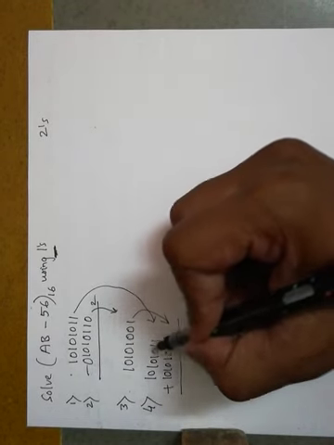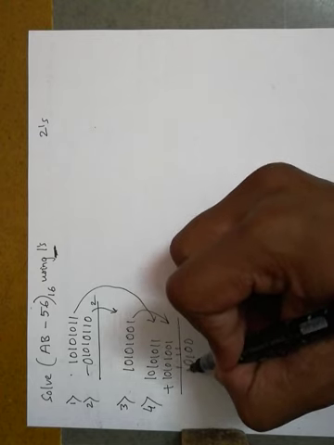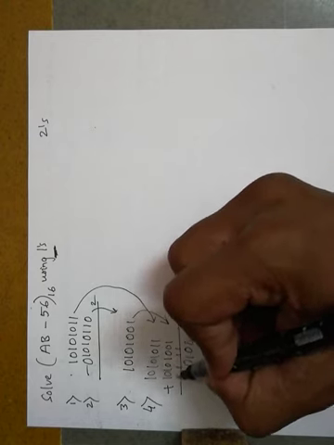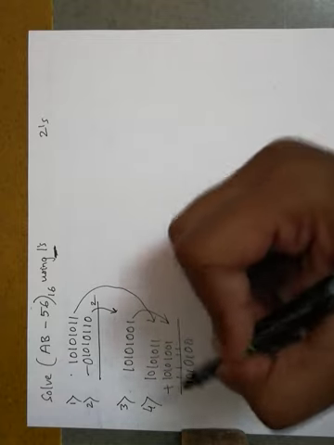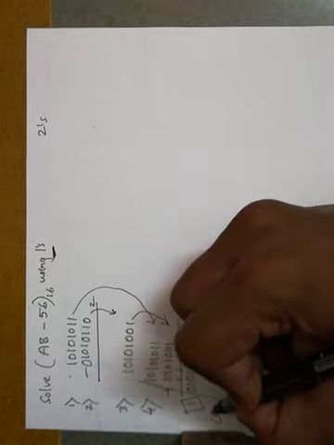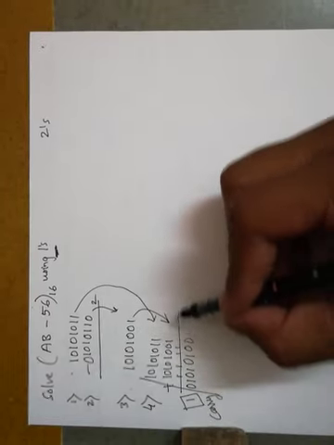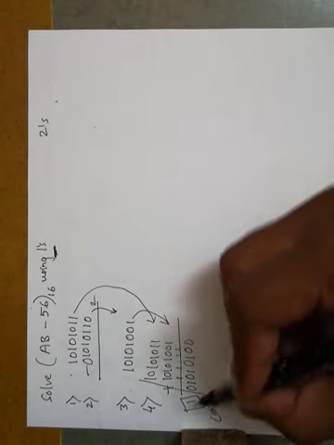1 plus 1 is 0, carry 1, 1 plus 1 is 0, carry 1, this will be 1, 1 plus 0 is 0, carry 1, 1 1 is 0, carry 1, 0 0 1 1, 1 plus 1 is 0. Now we have a carry of 1, so carry is generated. Okay, I did it fast, but you can take your time and go slow and check whether a carry is generated.